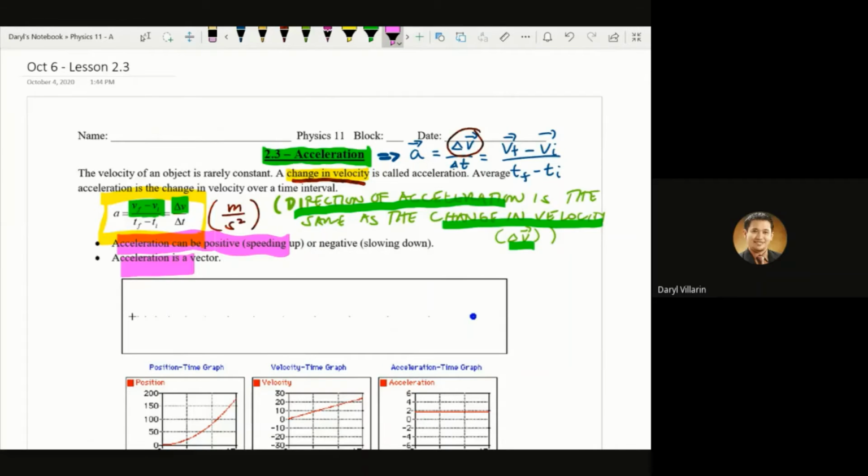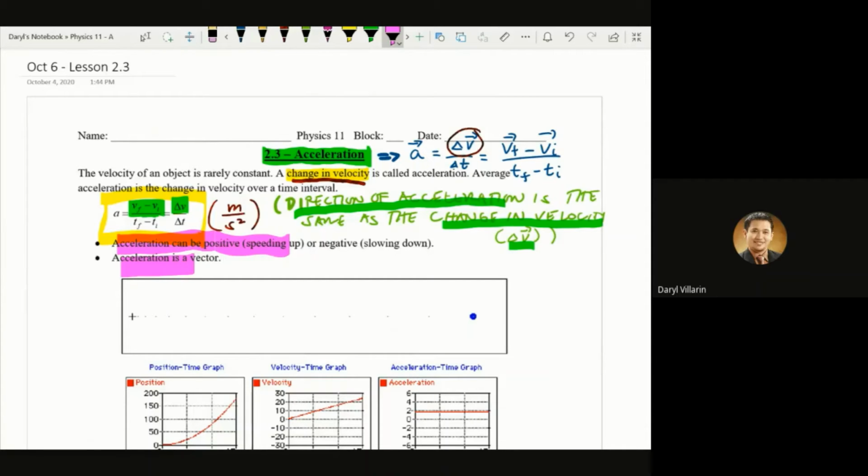And later on, when we talk about dynamics, I also mentioned last time that the direction of your acceleration is actually the same as the direction of your net force. Since acceleration is a vector quantity, it has direction, but it doesn't mean that the acceleration has the same direction as your velocity or the final velocity. What is the same as your acceleration is the direction of the change in velocity.